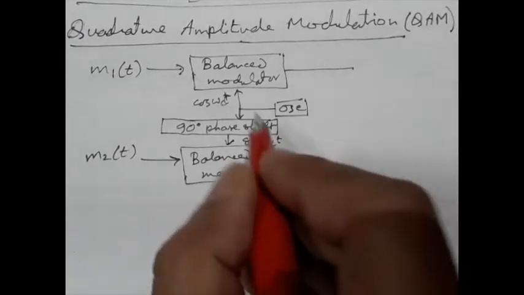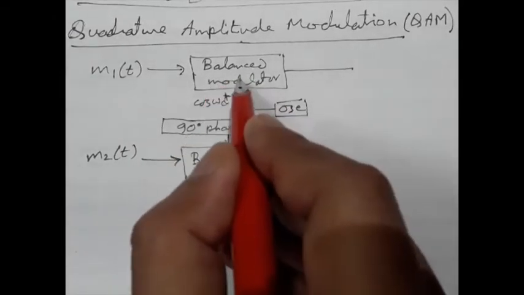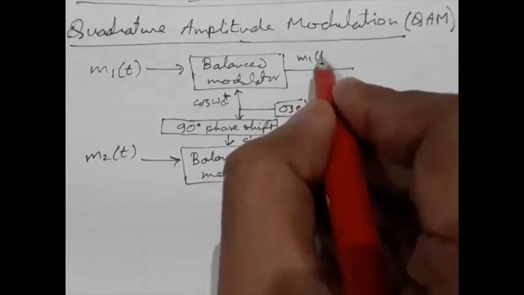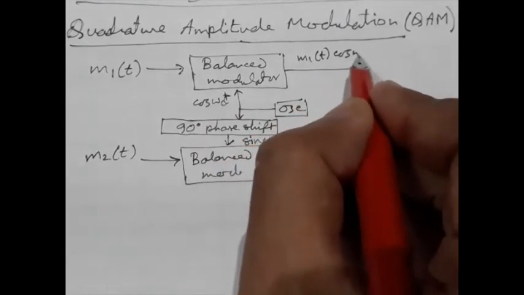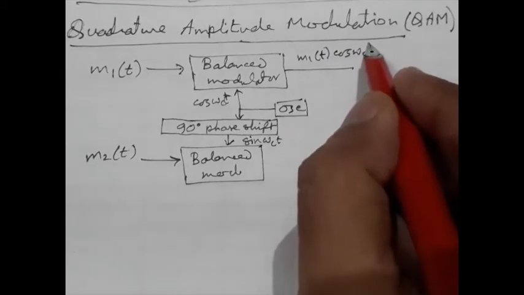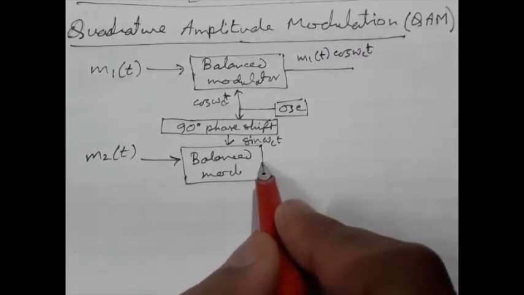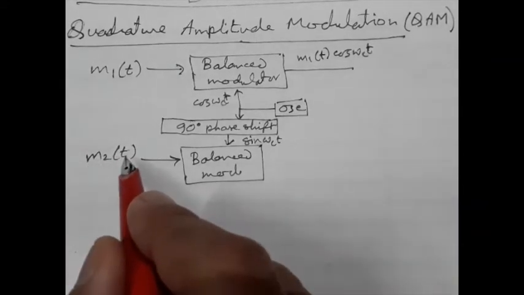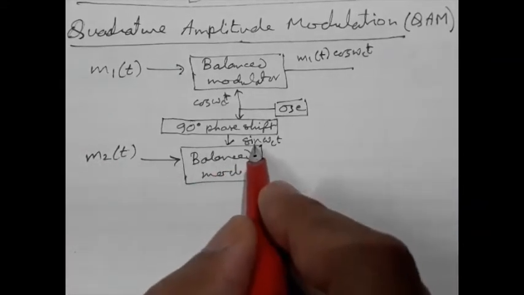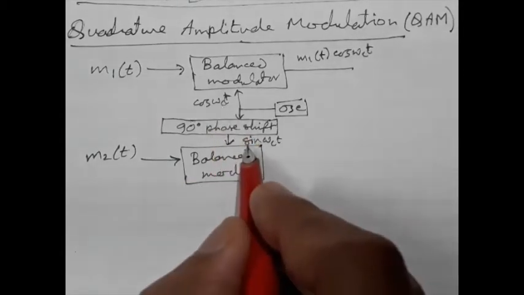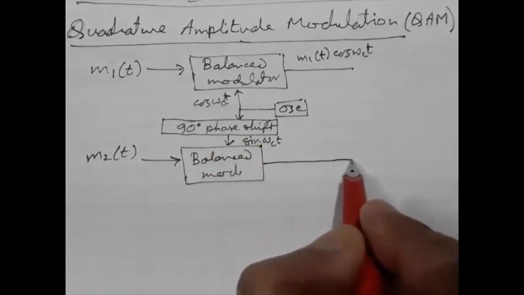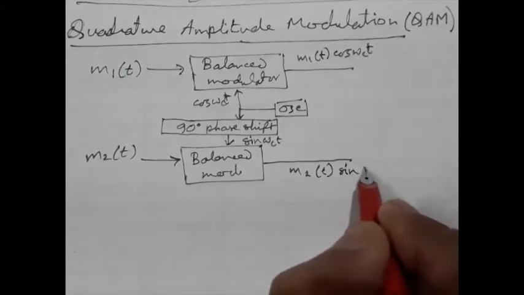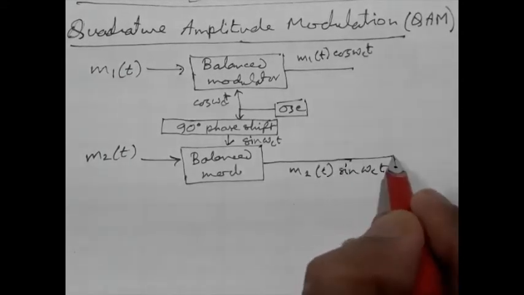That means for the first balanced modulator, the carrier is cos omega ct. So here we have m1(t) cos omega ct. For the second balanced modulator, the input signal is m2(t) and the carrier is, instead of cos omega ct, now sin omega ct. So here we have m2(t) sin omega ct.